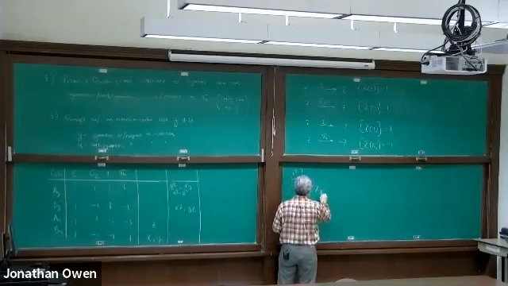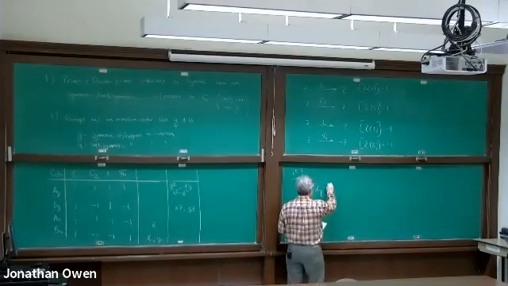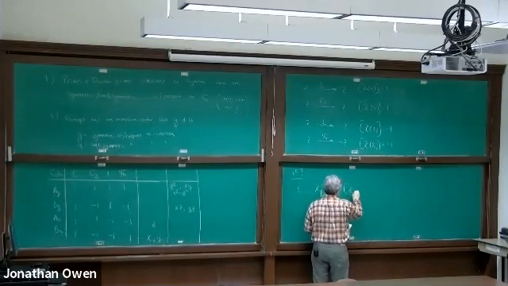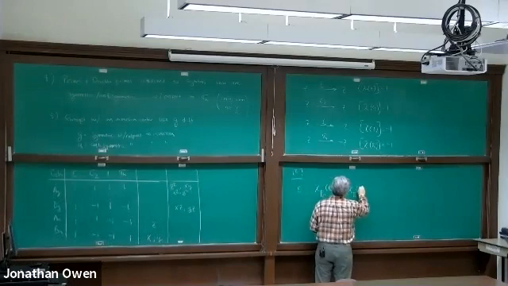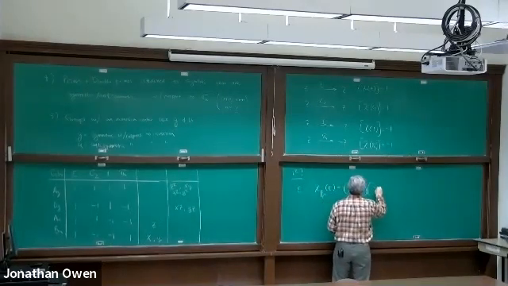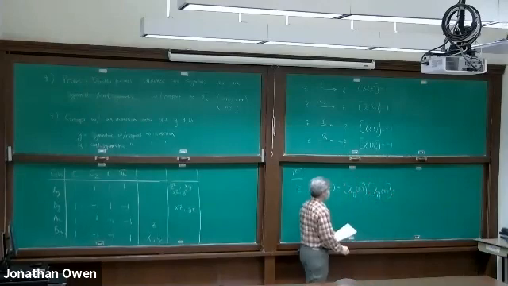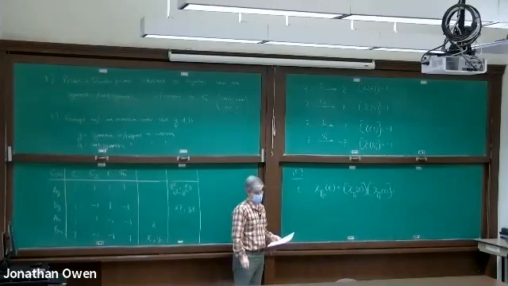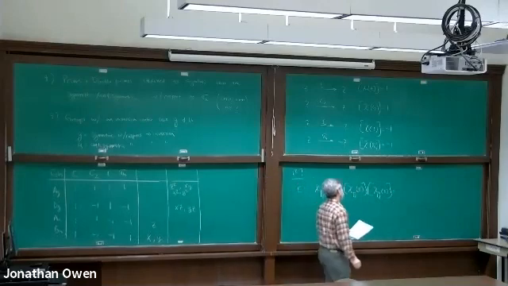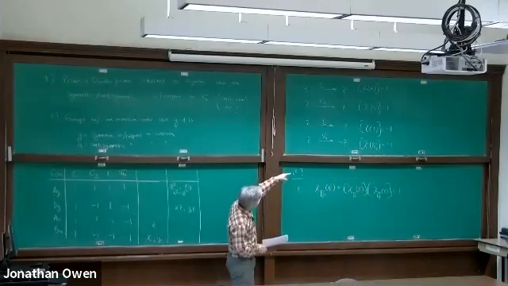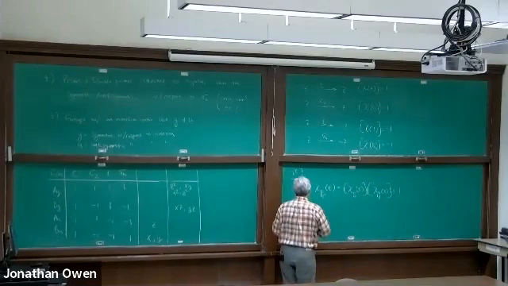The character under gamma z squared under the E operation is going to be the product of these two. That's 1. In fact, for all of these characters, we're going to do the same thing for C2, i, sigma h, and so on. Take the product of these two.